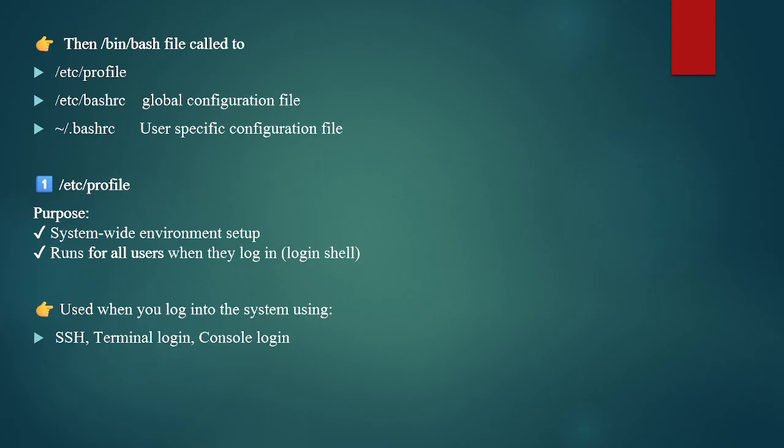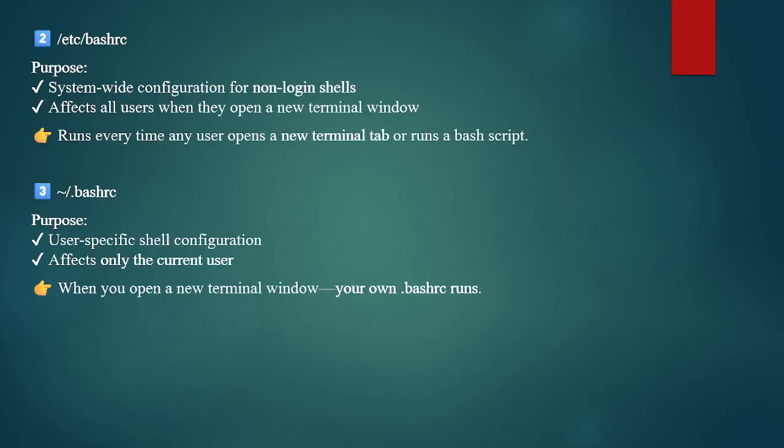So what is the purpose of those files? /etc/profile runs for all users when they log in. It is used for SSH terminal login and console login. Then /etc/bashrc runs every time any user opens a new terminal tab or runs a bash script.